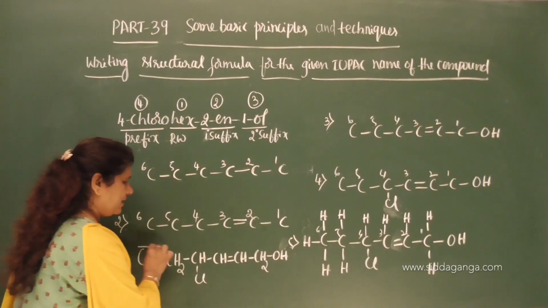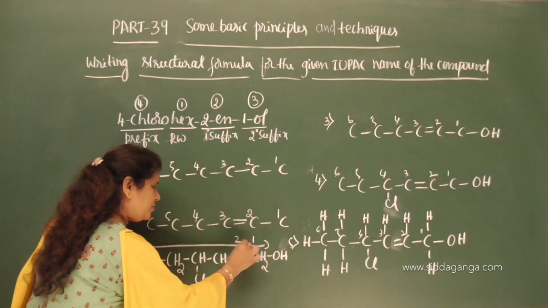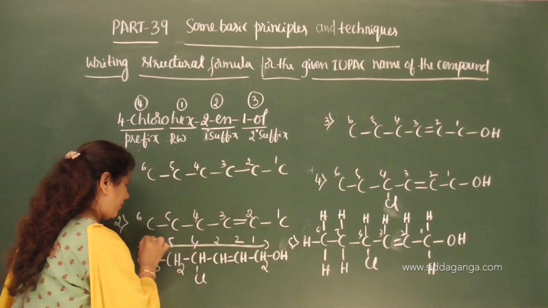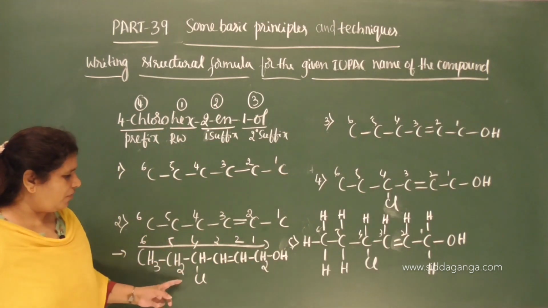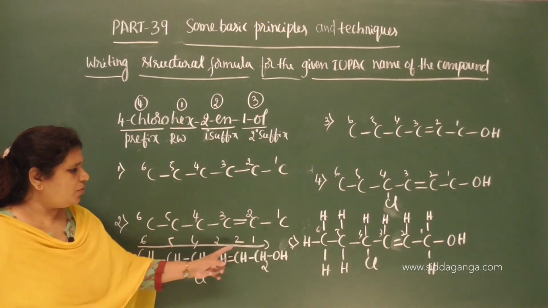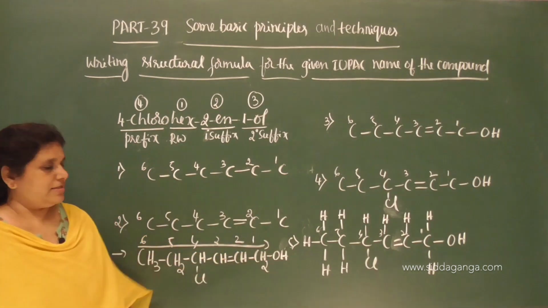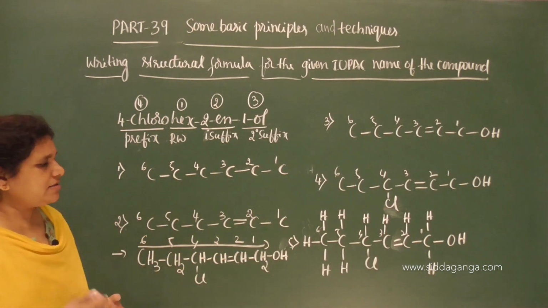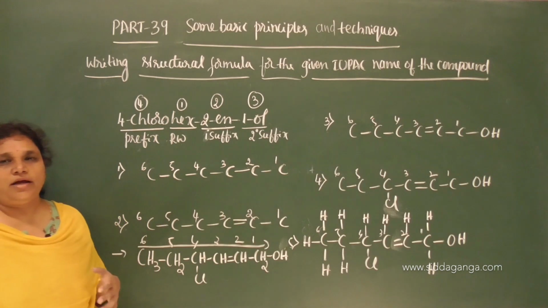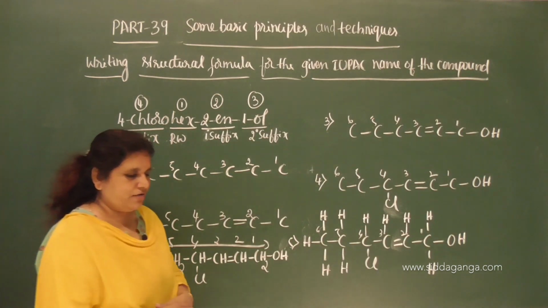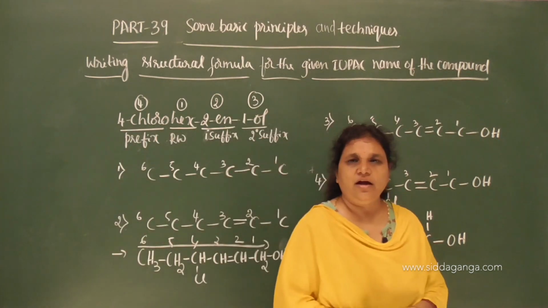So select the carbon chain 1, 2, 3, 4, 5, 6. 4-chlorohex-2-en-1-ol. The same name you will get, and this is how to write the structural formula for the given IUPAC name of the compound.